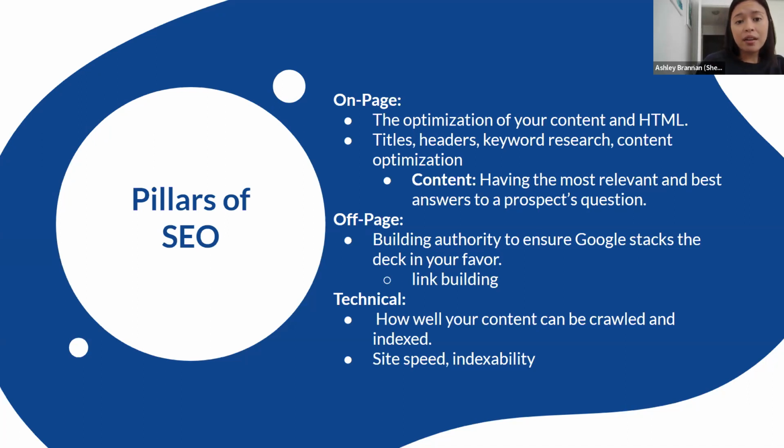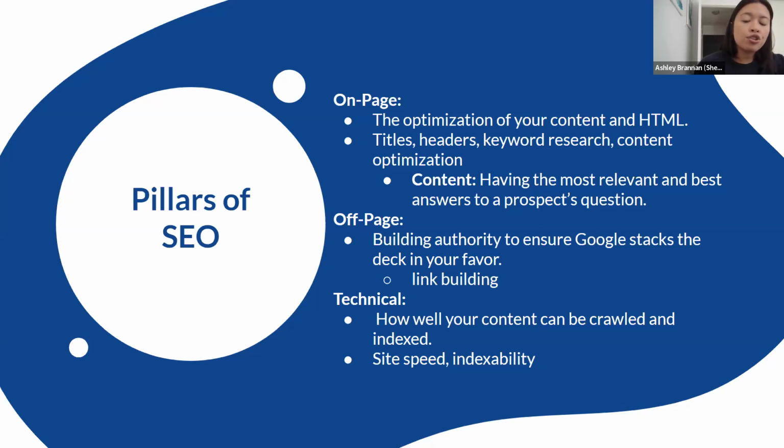Then the third pillar of SEO is technical SEO. And technical SEO relates to user experience, how well your content can be crawled and indexed, along with site speed. This is now a pretty major factor in what Google takes into account when ranking different websites on the search engine results page. We want to make sure that your websites load quickly and easily and have a really great user experience.